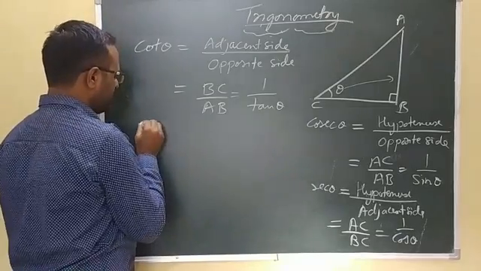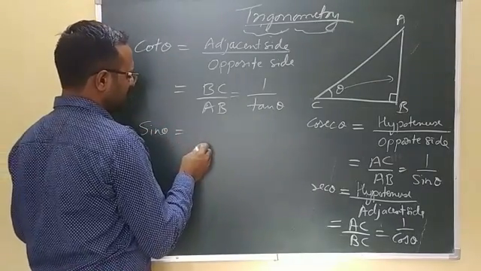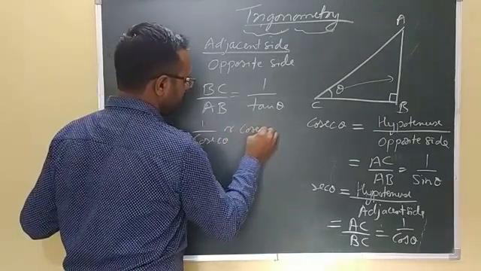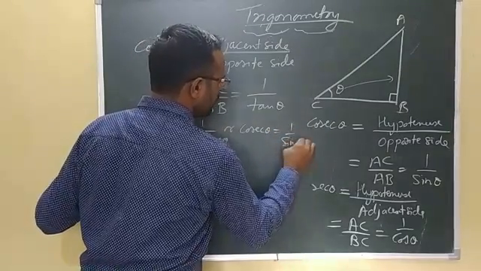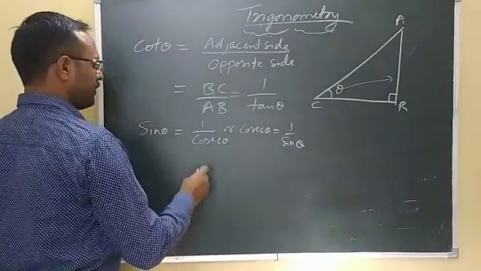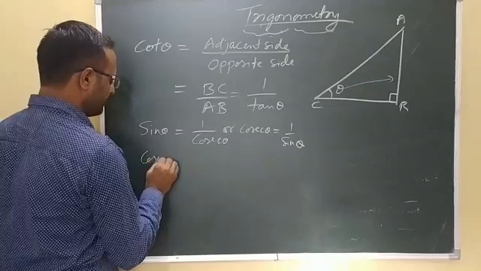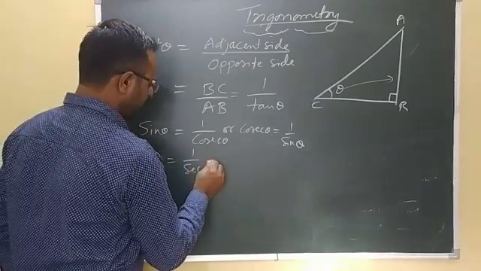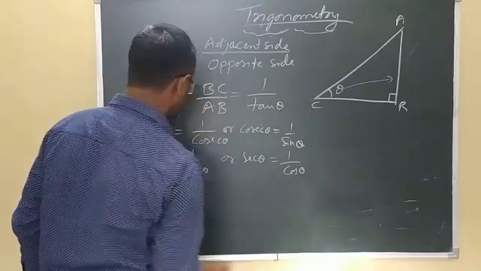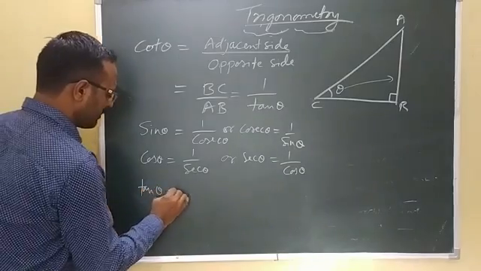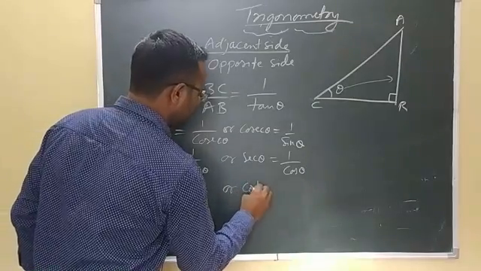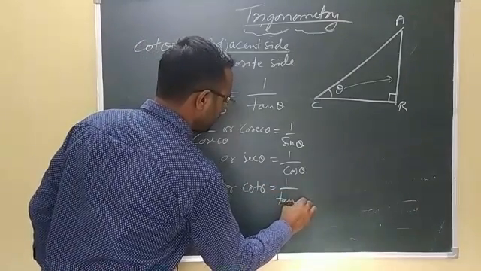So we can see the inverse functions like this: sin theta is equal to 1 upon cosec theta, or cosec theta equal to 1 upon sin theta. Similarly, cos theta equal to 1 upon sec theta, or sec theta equal to 1 upon cos theta, and tan theta equal to 1 upon cot theta, or cot theta equal to 1 upon tan theta.